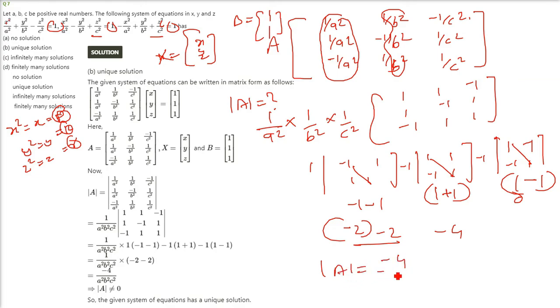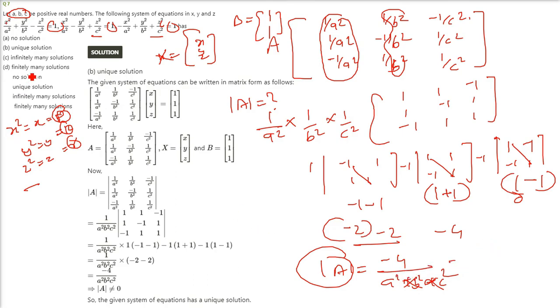The determinant of A is negative 4 divided by A square into B square into C square. This shows that the given system of equations has a unique solution. The second option is correct. You have to take the second option.